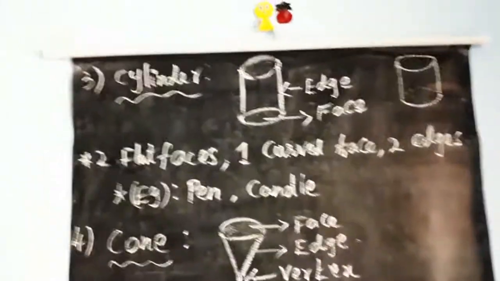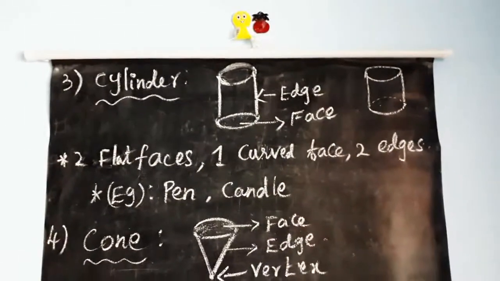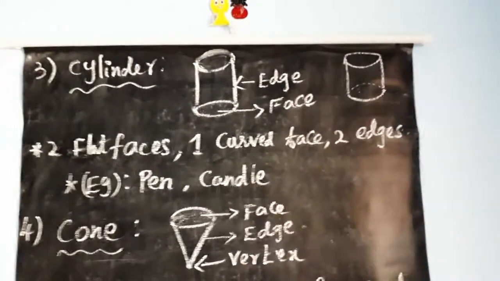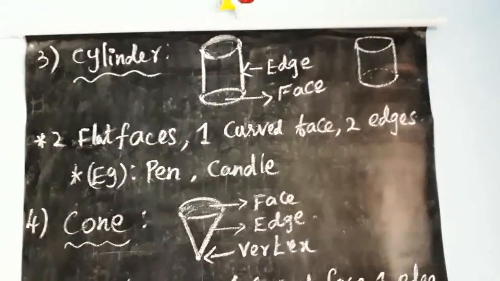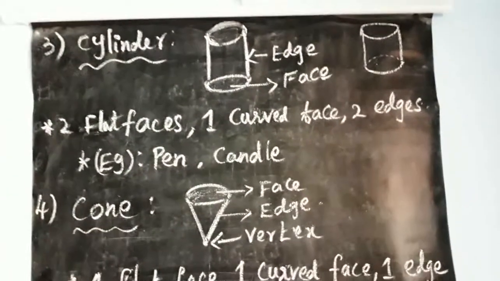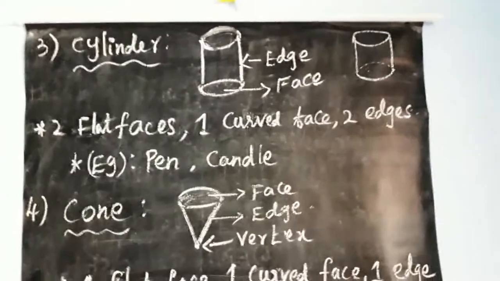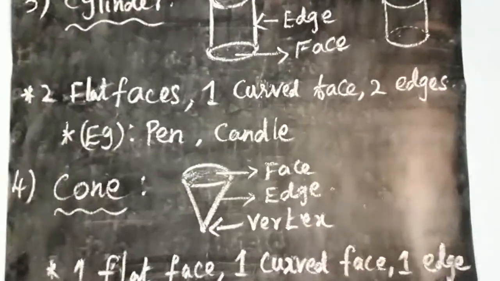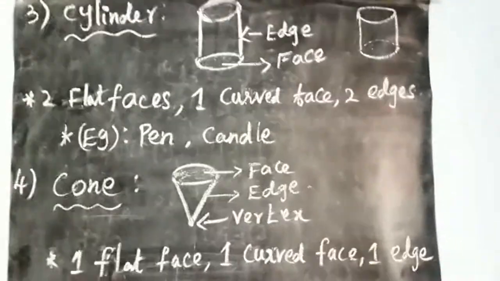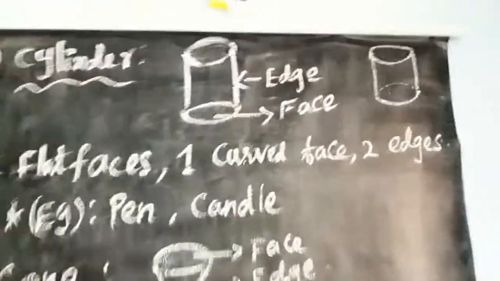Third type: I think you might have seen a water glass. Do you know what the shape of the water glass is? Yes, it is a cylinder shape. Just look at the picture.